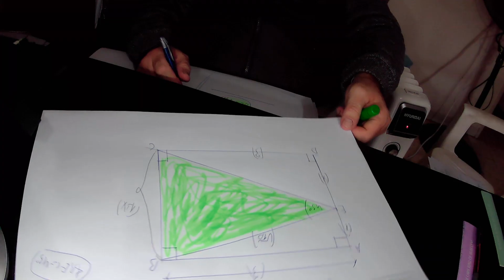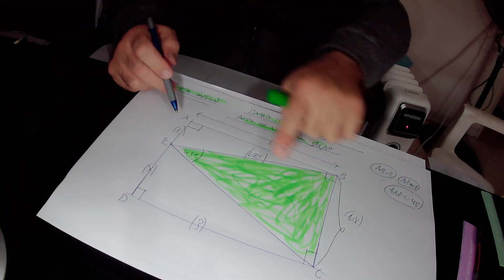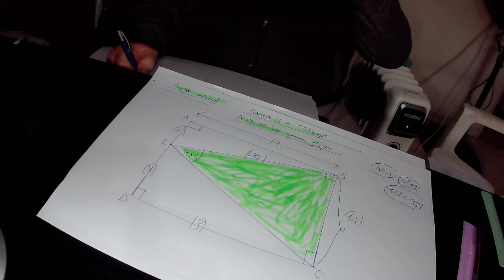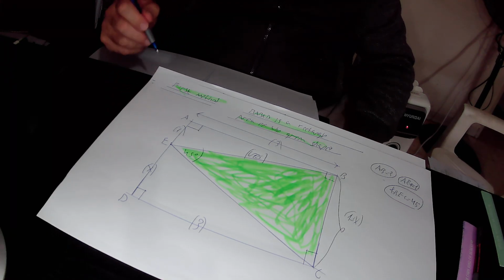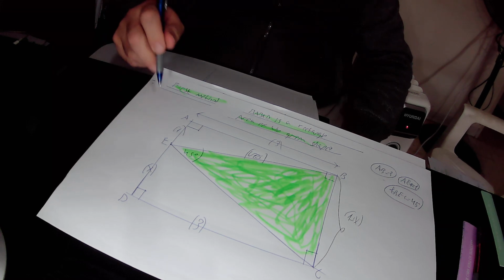According to the Pythagoras theorem, in this right triangle EDC, EC squared, that is the square of the hypotenuse, equals ED squared plus DC squared.